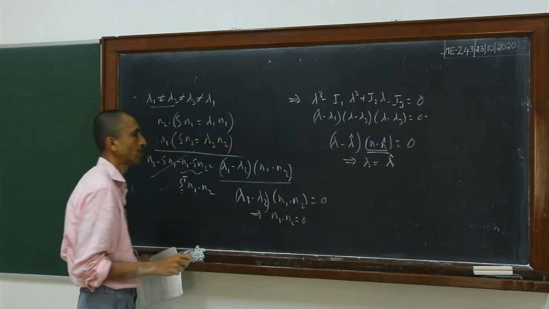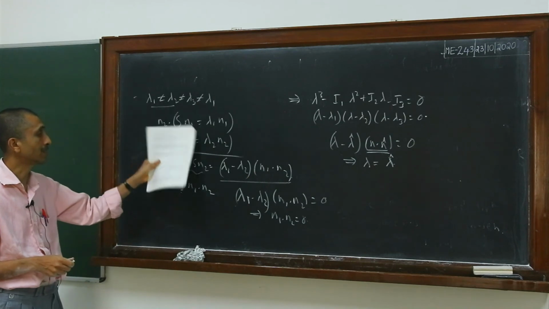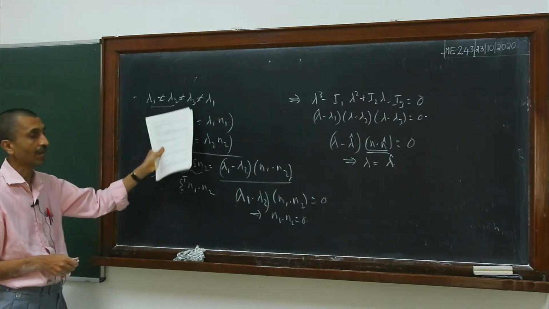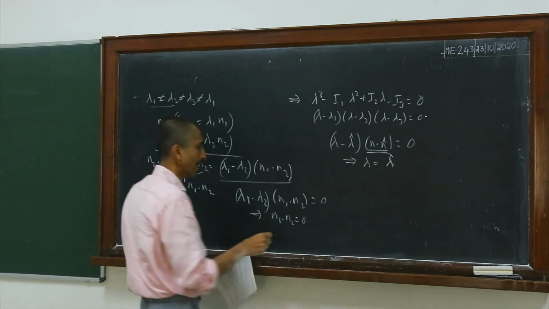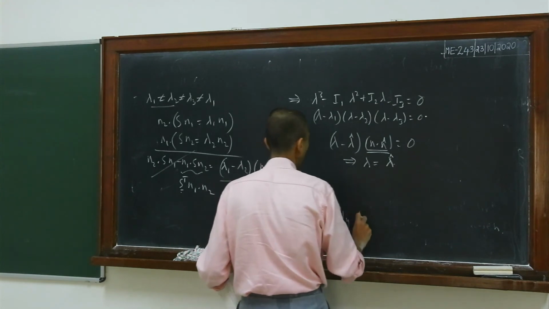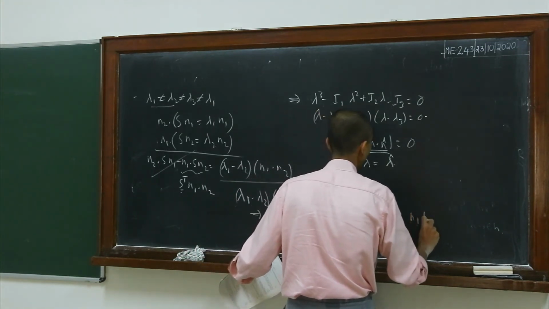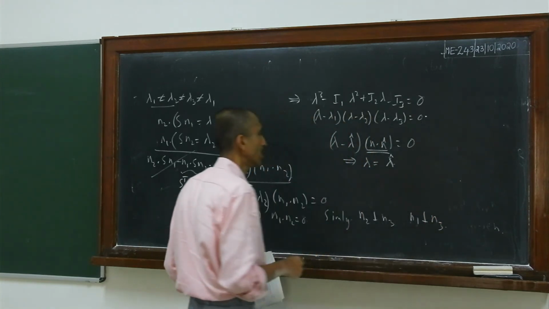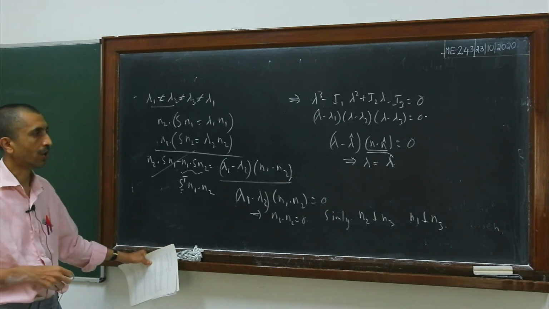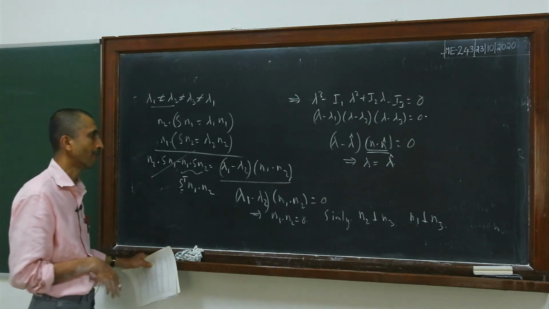So that shows that your n1 is perpendicular to n2. This is because lambda 1 is distinct from lambda 2. Similarly, lambda 2 is distinct from lambda 3, right? So similarly, you will get that n2 is perpendicular to n3 and n1 is perpendicular to n3. So that shows that you have a set of orthogonal unit vectors which are the eigenvectors of S.